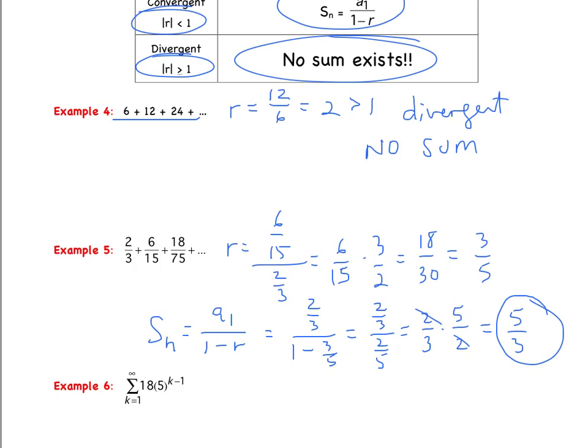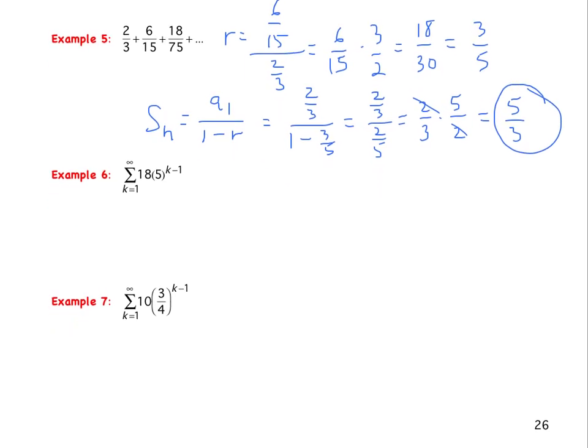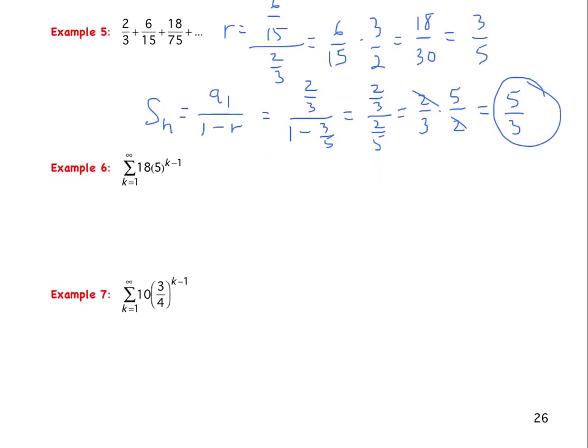In example 6 that you see here a little bit lower, we're using the idea of sigma. If you recall, when we talked about sigma earlier, the very first number that you see here is your a sub 1, and the number in the parentheses here is your r.